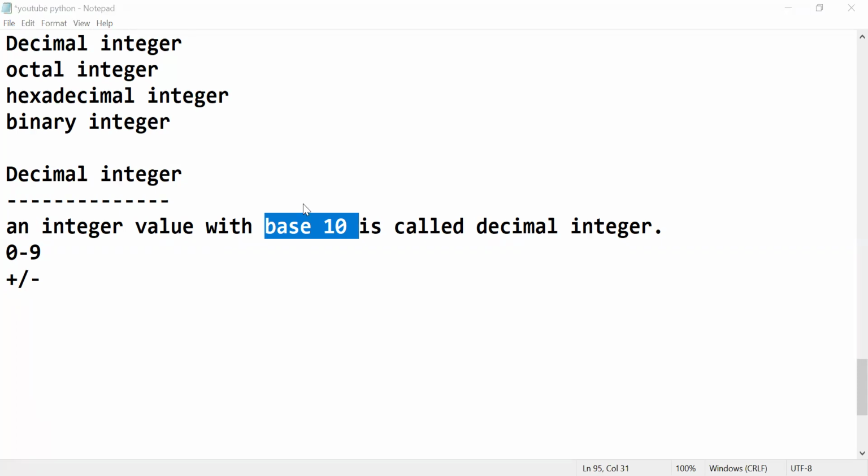Suppose I take 145, guys. By default, every integer value is called a decimal integer.